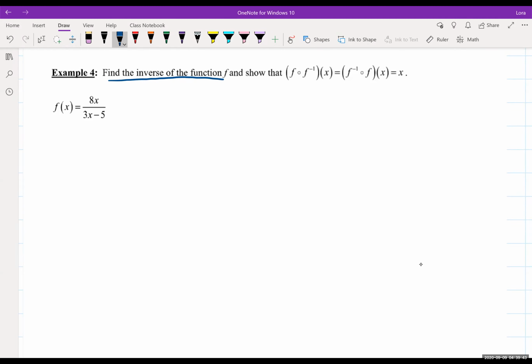First thing I do whenever I'm finding the inverse, I rewrite f of x as a y. At this stage, I'll interchange the x with the y.